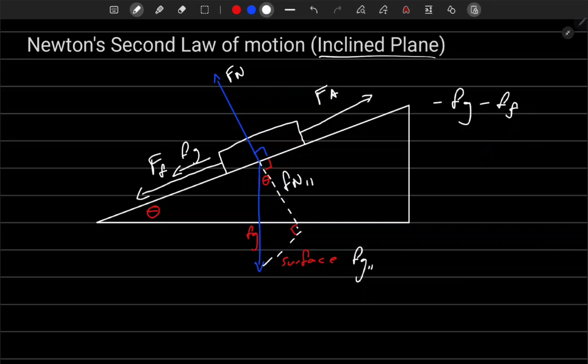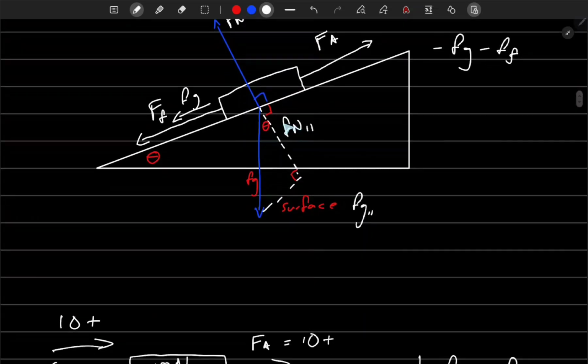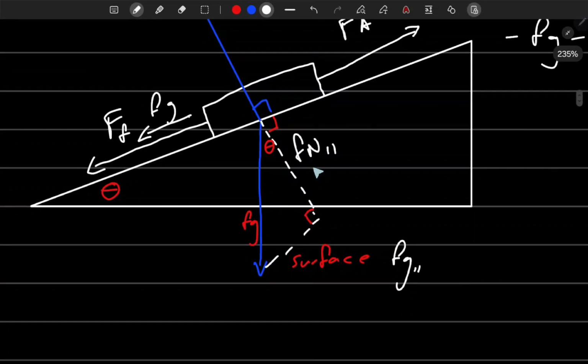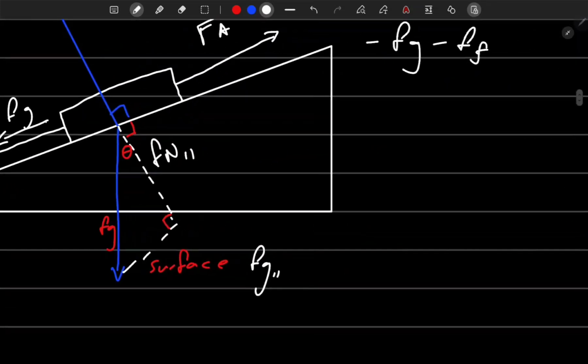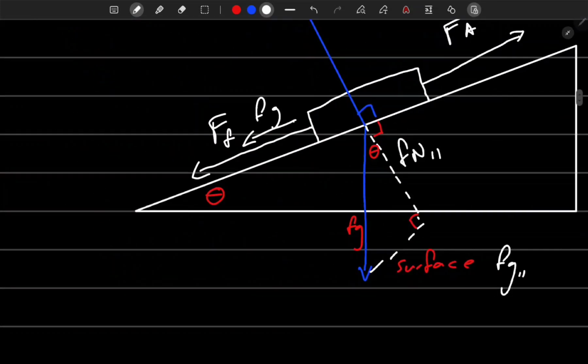Now, if I just look at this part here, these parallel forces, sorry, not normal forces, parallel forces. If I want to calculate the component, I use theta. You know, I'm sure you've been taught about this thing called SOHCAHTOA, right?